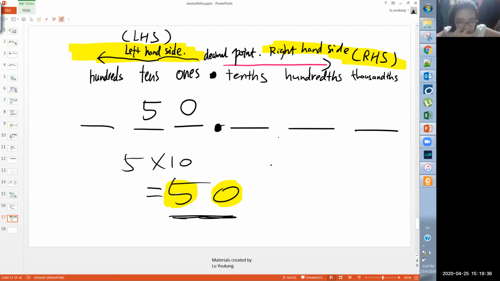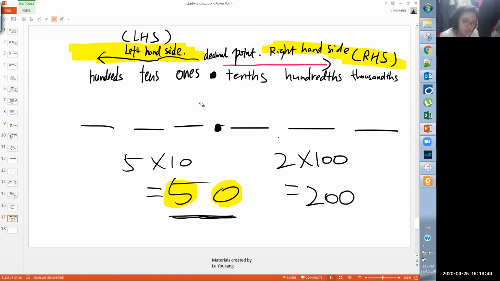So subsequently, if I have 2 times 100, you get 200, right? Yeah. Then where do you place the 2, 0, and 0? Where do you place the 2 first?